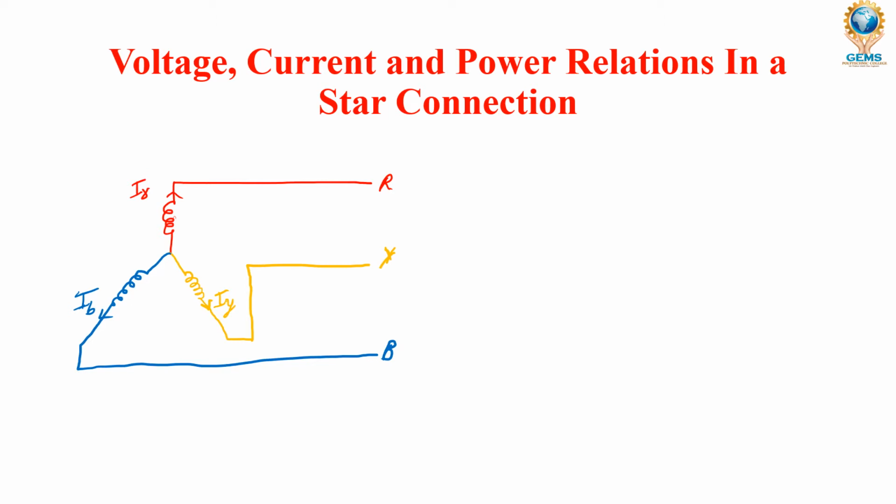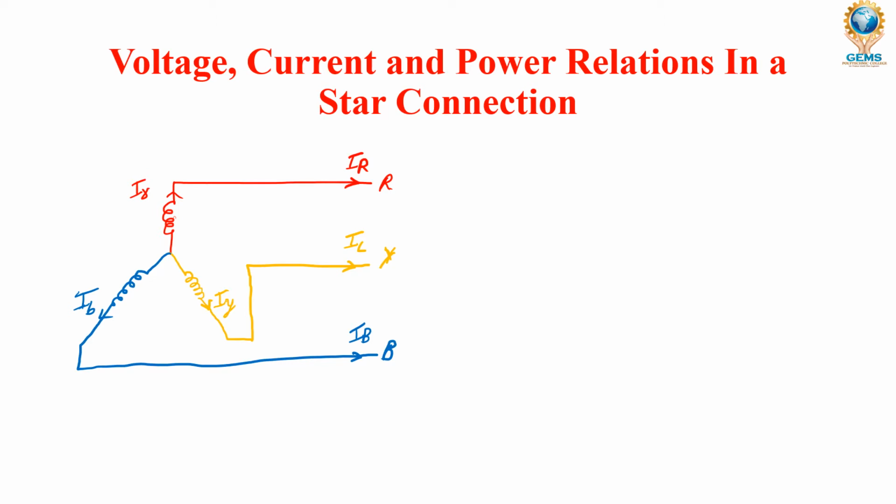If you see line currents, the current flowing in R phase, the line current, is IR, capital R. Current flowing in Y phase, line current, is IY. Current flowing in B phase, the line current is IB.